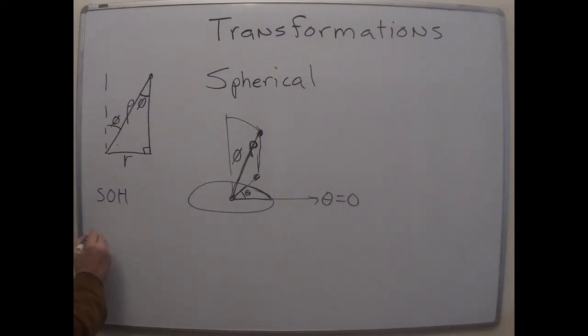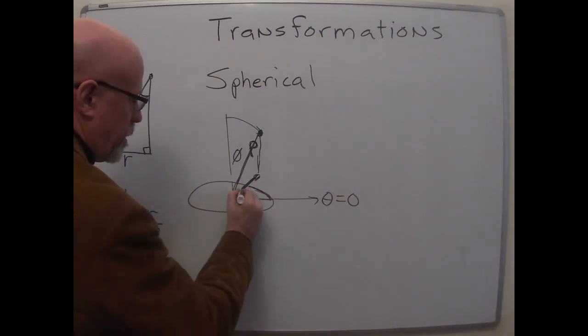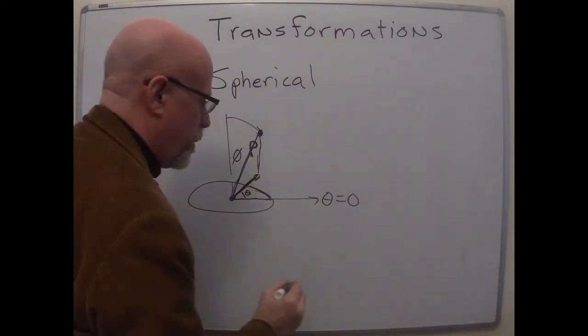So what we've got is that the sine of phi is equal to r over rho. And we can solve that for r. r is rho sine phi. So that distance right there is rho sine phi.